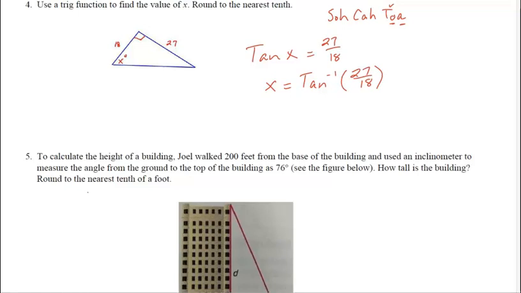And you'll see it appear on your calculator with this inverse symbol, this -1. It means the inverse of tangent. And then you type in 27 divided by 18, close parentheses, and 56.309. So to the nearest tenth, we would say 56.3 degrees.